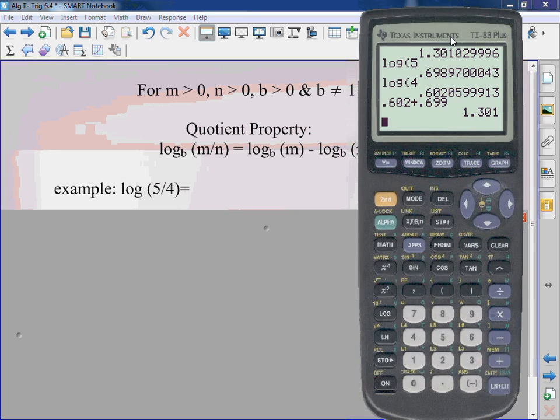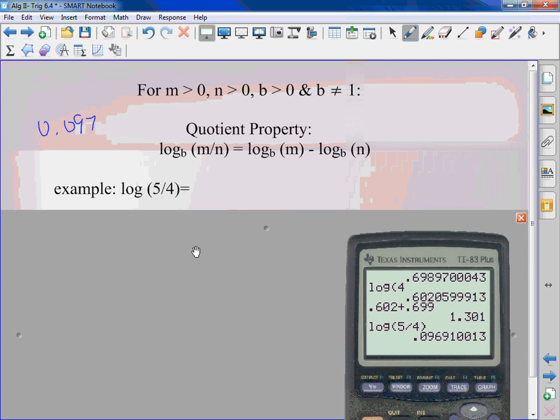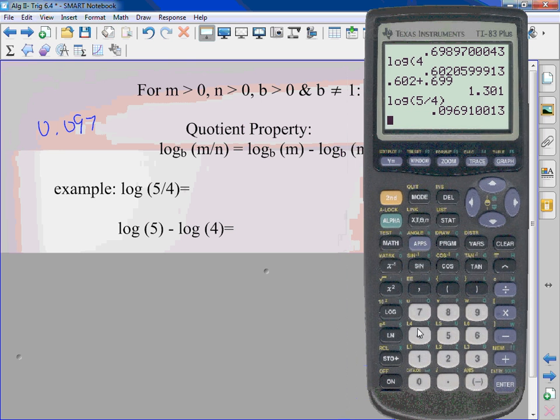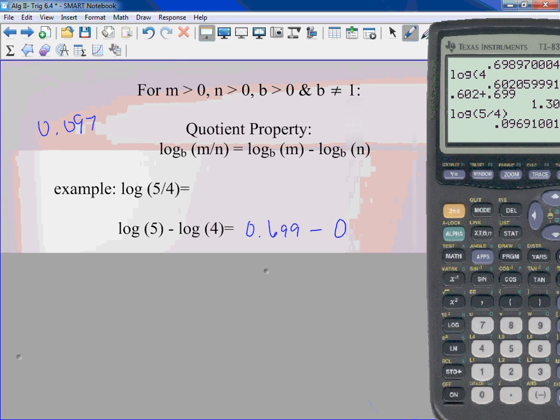Now, if I take the log of 5 divided by 4, it's 0.097. This just means the log of 5 minus the log of 4. Log 5, we know is 0.699. Log of 4 we know is 0.602.